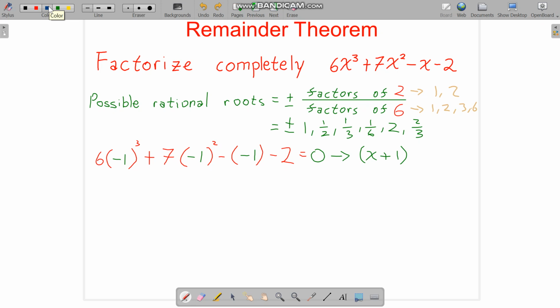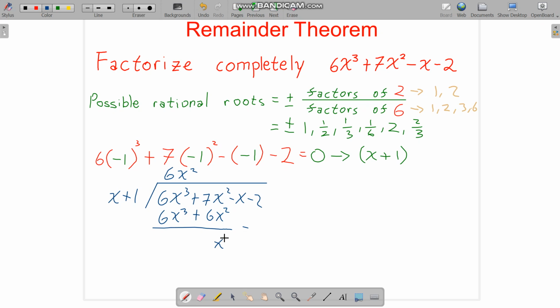So let's just use polynomial long division and then factorize the quadratic. So plus 7x squared minus x minus 2 divided by x plus 1. We have 6x squared, 6x cubed plus 6x squared.